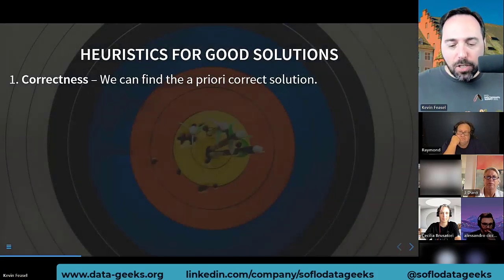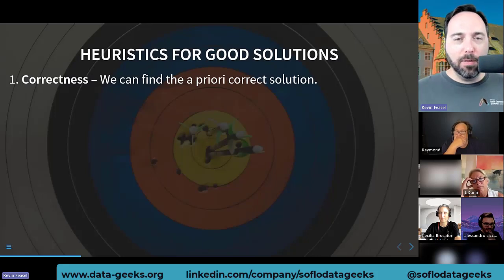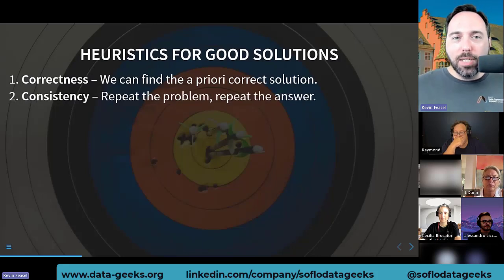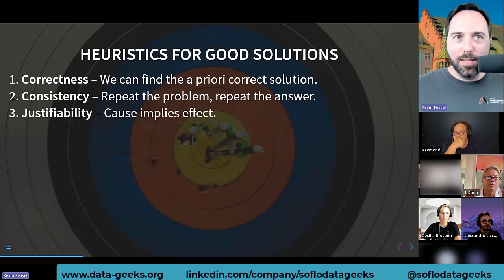All right. So that's the kind of problem that we're really digging in on. And there are a set of heuristics that help us define what makes for a great solution. Obviously, we want it to be correct. We want to get the correct result, and we want to get this correct result every time we run the program. We want to make sure that it's justifiable, that our inputs we can explain as giving us these outputs.